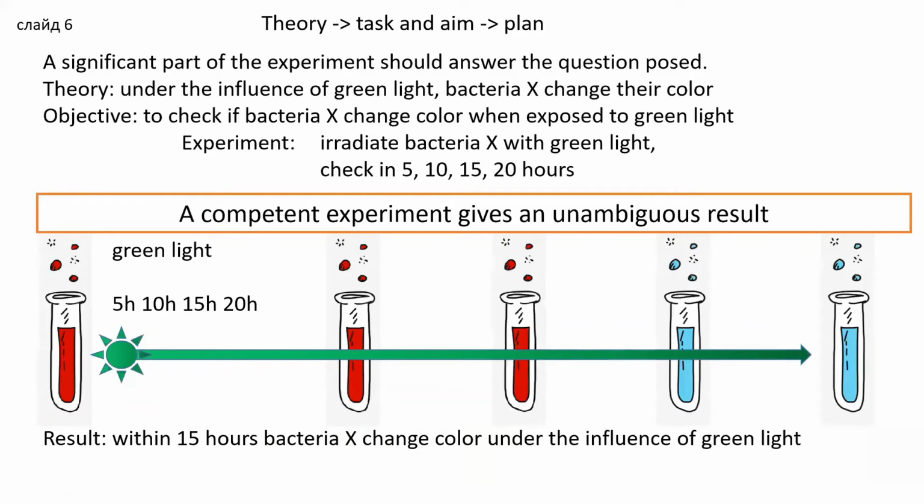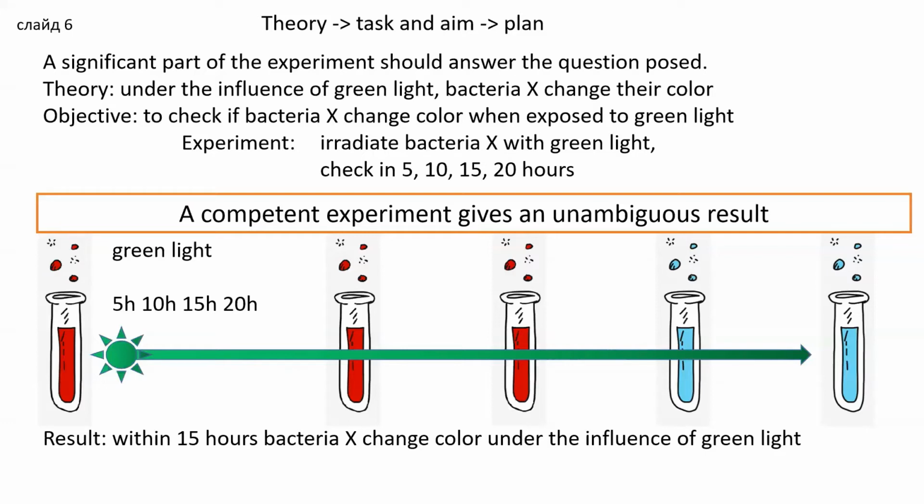Here we can talk about whether the experiment you plan is going to answer the question you really asked. So if you have a theory and then you perform some kind of experiment, for instance, under the influence of green light, bacteria change their color and you want to prove it. To check if the bacteria change color when exposed to green light, you irradiate bacteria with green light and then check in a few hours, and then you have your answer.